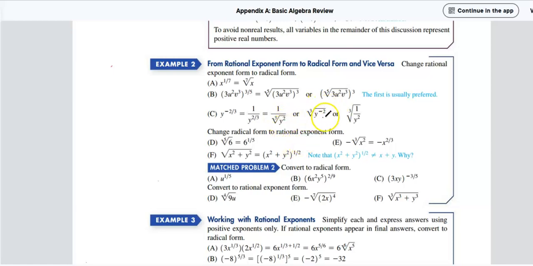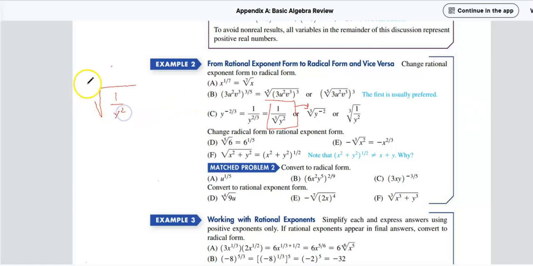Could it be the cube root of y to the negative 2? It could, or it could be the cube root of 1 over y squared, but you could keep it just like this right here. And how can we rewrite it like that? How can this be the same thing, if you're curious?